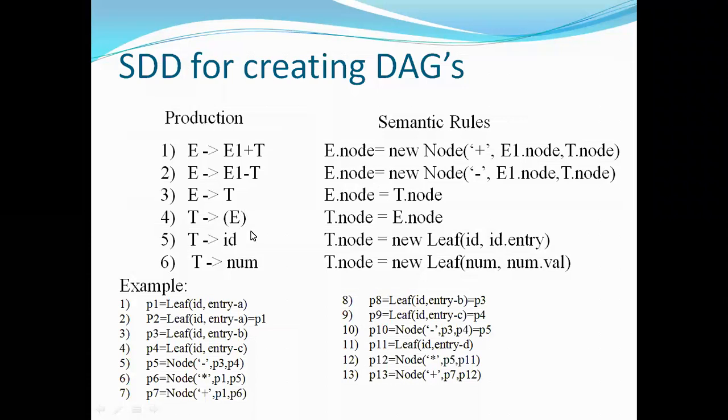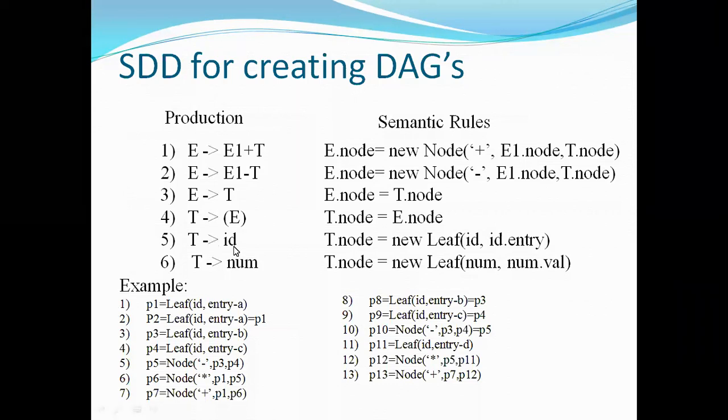No need to bother about the open parenthesis and the closed parenthesis. These are terminals, and for terminals like parentheses we do not have any function. We have functions only for the identifiers, only for the nums, and only for the nodes. These are the only three functions that we use when writing semantic actions for syntax trees.